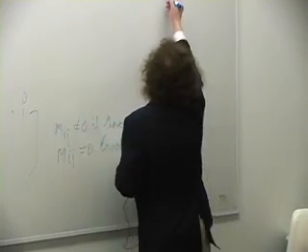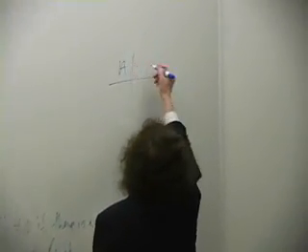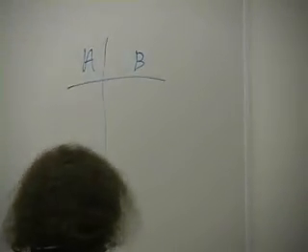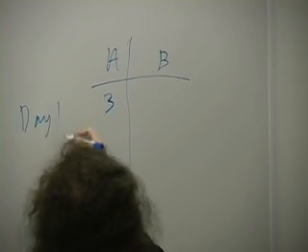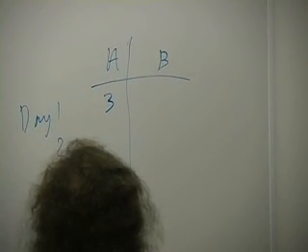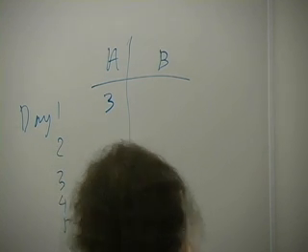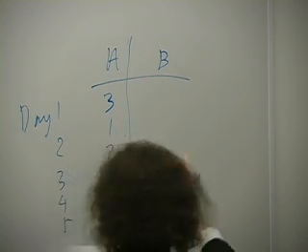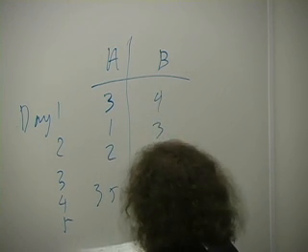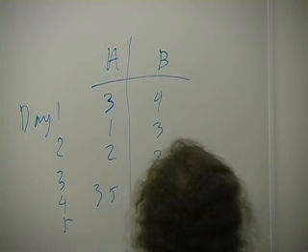So suppose we have the following data: we have web page A and web page B, and we know that user 3 looked at it on day 1, so let's say this is day 1, day 2, day 3, day 4, day 5. Suppose we look at the order in which the people are looking at the web pages: 4, 3, 2, 3, 5.